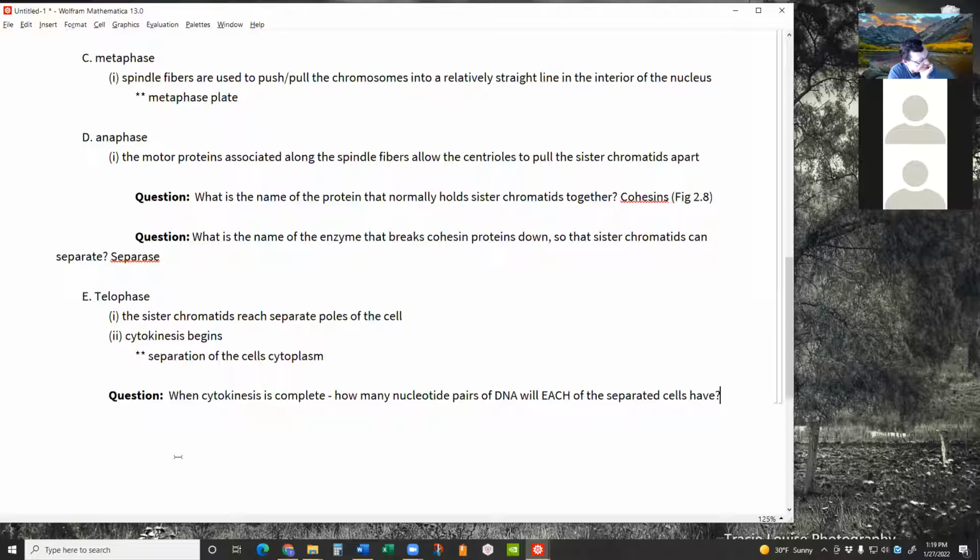What do you think, folks? Very good. Absolutely right, Jade. You're going to be back to your normal 6.2 billion nucleotide pairs of DNA for a diploid cell. Absolutely, yes.